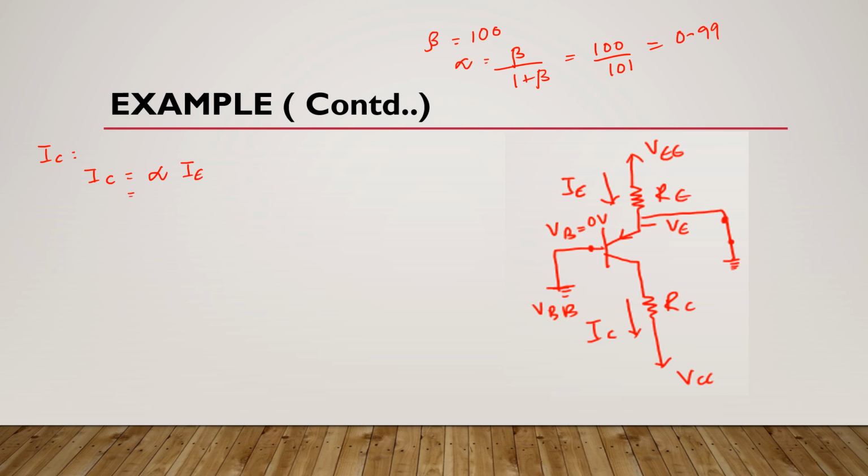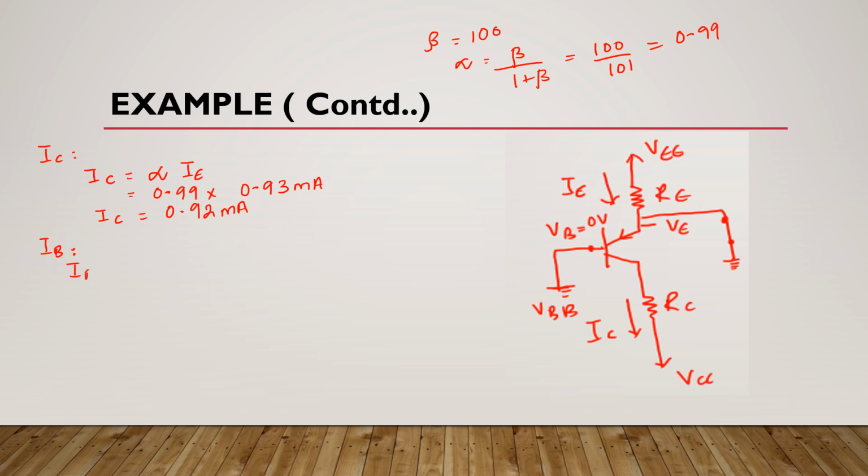Here this alpha is 0.99 and IE is 0.93 milliamperes. After solving this, you will get IC is equal to 0.92 milliamperes.